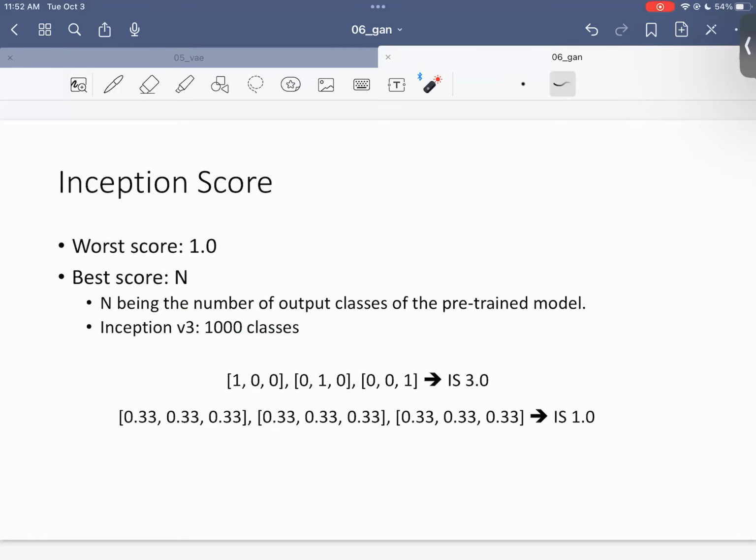There's a nice, intuitive example here. If you are doing a three-way classifier, so there are only 3 classes, 1, 2, 3, and the probability outputs of 3 images, image 1, image 2, image 3, look like this, with each one in a different class, then this will give you an Inception score of 3, the perfect score, because n equals 3.